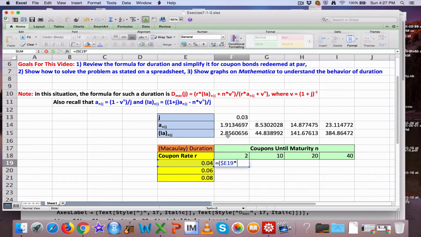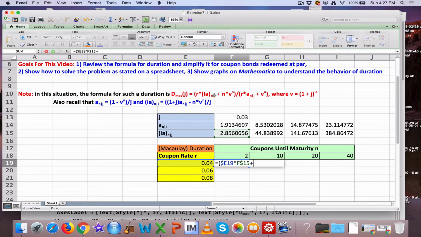Now let's get the cell reference for I. That's in F15. There I need a $ sign in front of the 15. Can you think about why? I want, as I copy and paste downward, that to stay in row 15. But I don't want a $ sign in front of the F because as I go to column G, H, then I, I want the number to go from column G to H to I as well from this present value of an increasing annuity. Here I want those to change.